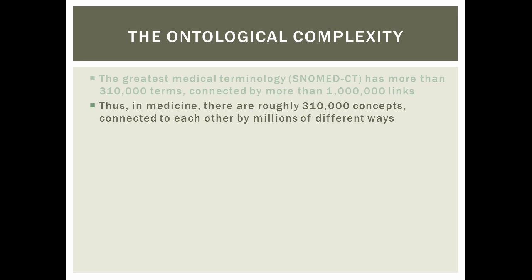That means that in medicine, there are roughly 310,000 concepts, and all those concepts are connected to each other in millions of different ways. This number of concepts is larger than the size of some complete languages.